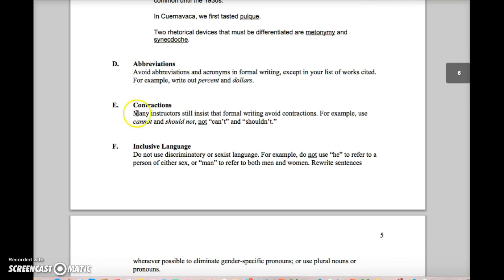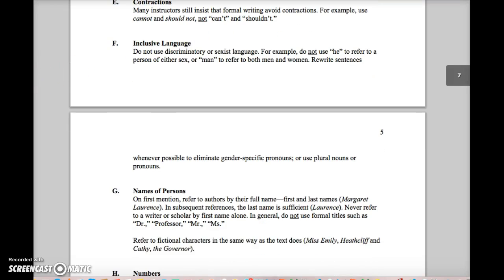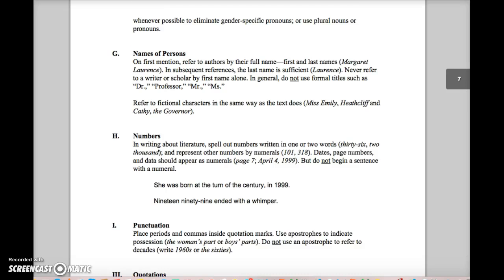Other things, avoid contractions. This is just formal writing conventions. So if you're writing a formal essay, you should write out "cannot," C-A-N-N-O-T, instead of writing the abbreviated or contracted form.